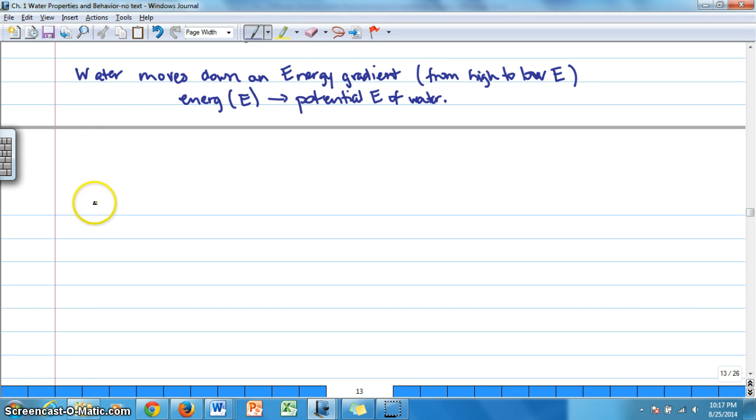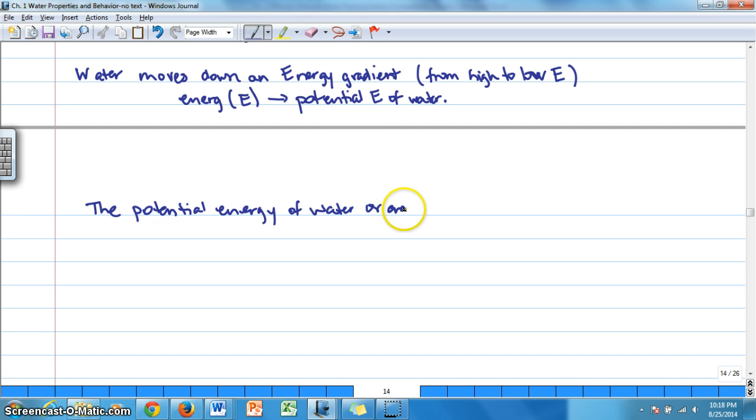This potential energy that we're referring to, and we'll write this out so we're really clear, the potential energy of water or any molecule is referred to as that molecule's chemical potential, which we symbolize with this symbol here, mu.